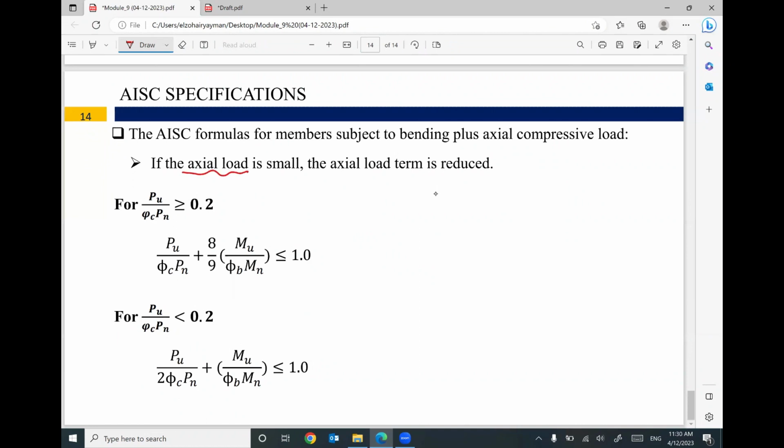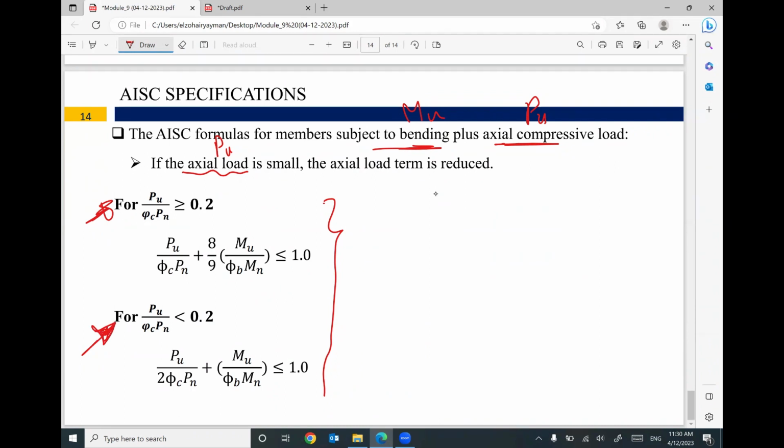If you have axial compression P ultimate and bending moment M ultimate at the same time, we will design or check our member using one of these two expressions based on this case or this case. That makes sense?